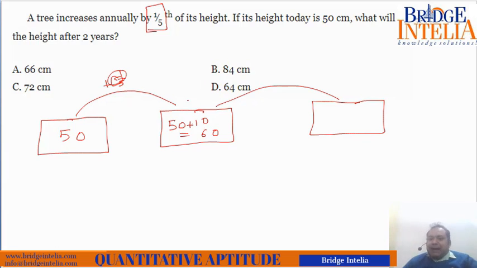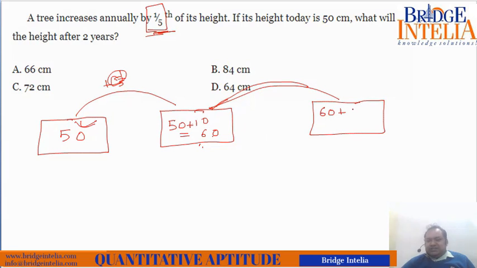Now in case of compounding, calculation is done on the current value. Now forget this 50. The new change of 1/5 will be brought here. So a new cycle starts, a new story starts. This happened for the first year. In the second year, the value is already 60 and 60 will increase by 1/5.